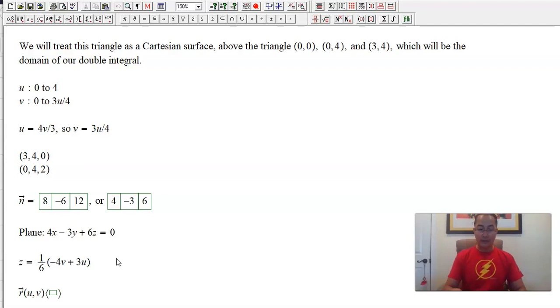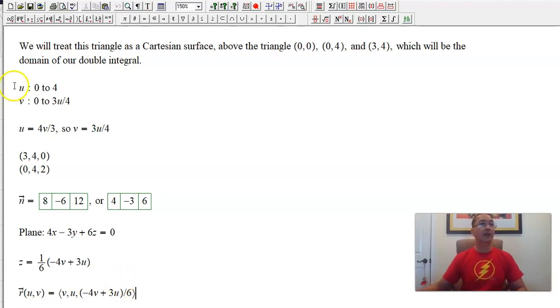So r of uv will be, u is going from 0 to 4, v is going from 0 to 3u over 4. And wait a minute, yeah, the u is the y, the v is the x, and the z is minus 4v plus 3u over 6.